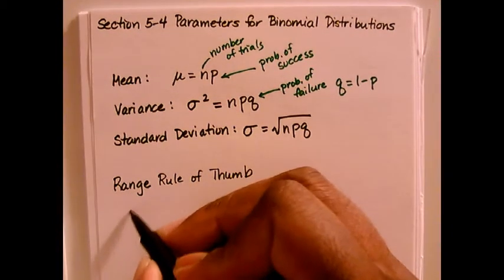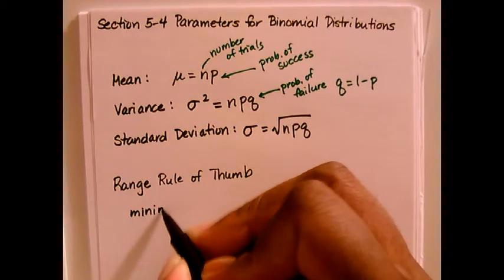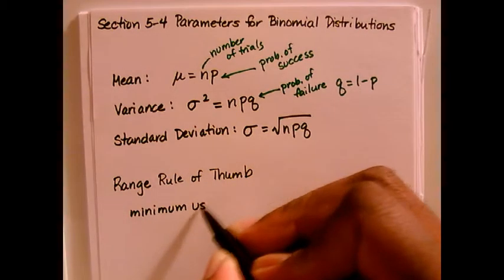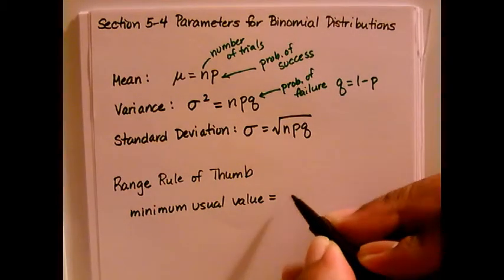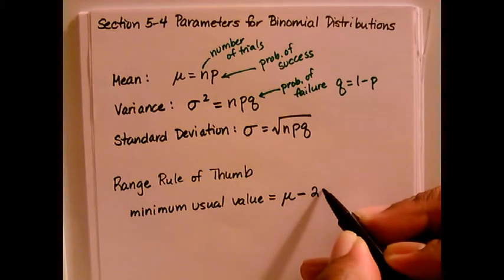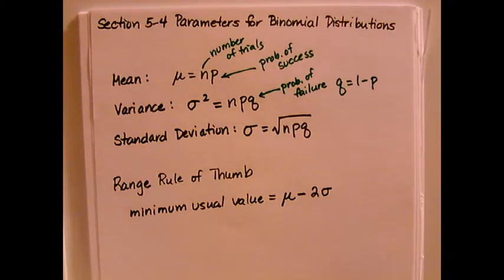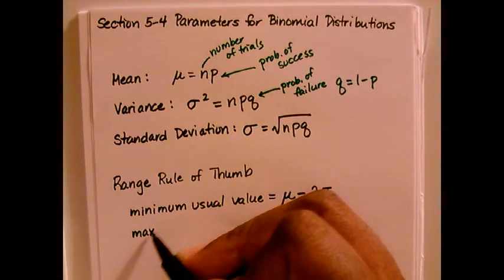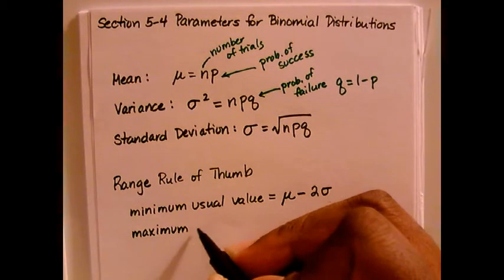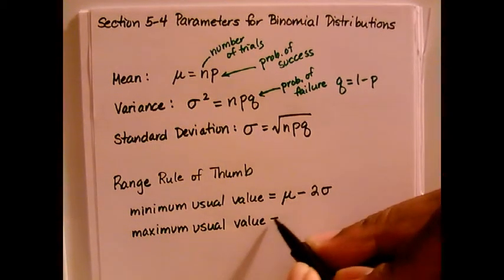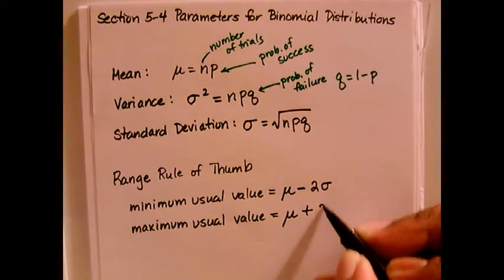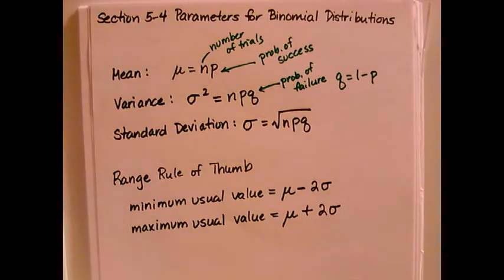So the minimum usual value is going to be mu minus 2 times sigma, that's the mean minus 2 times the standard deviation. And then your maximum usual value is simply mu plus 2 times sigma, or the mean plus 2 times your standard deviation.